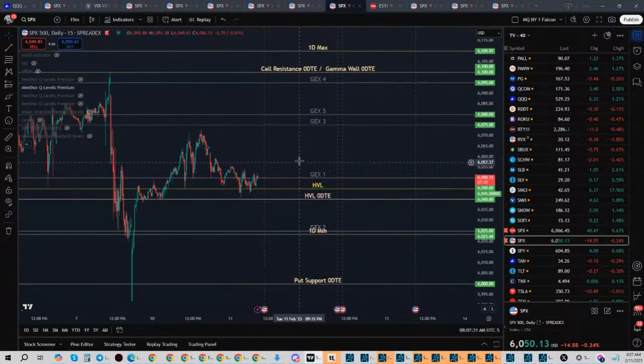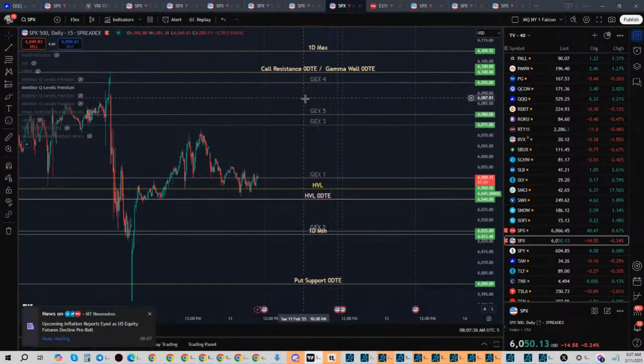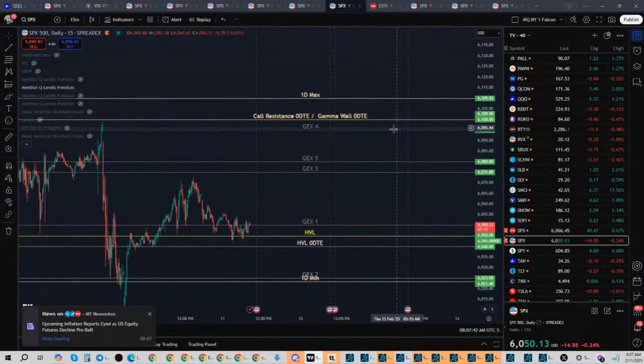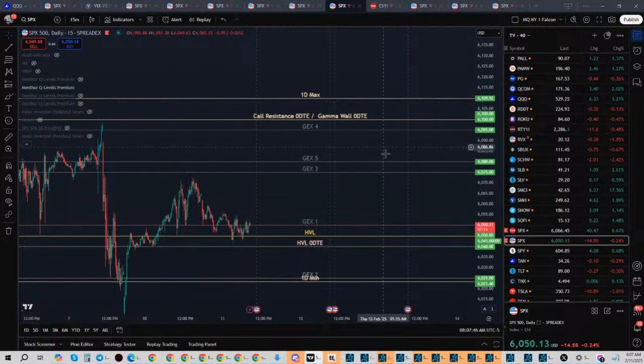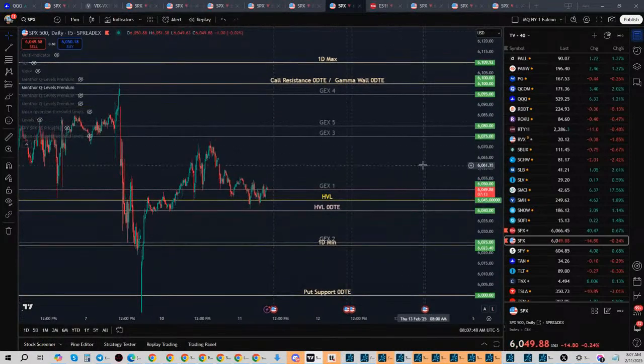Same thing to the top side. If we can get over 75, we stall up in this area. But if somehow we should break 6100, then we have the magnet up and the pullback down.